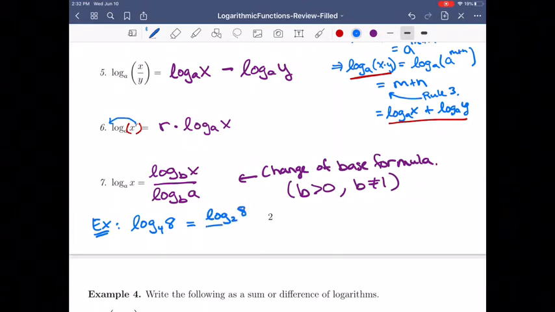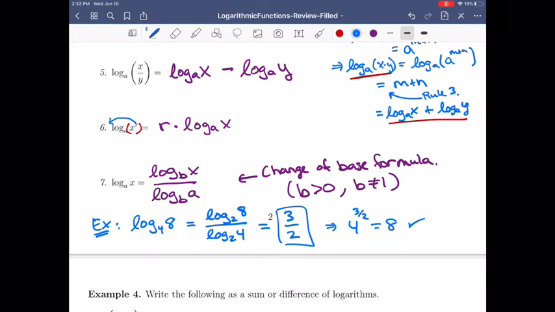So it's going to be log base 2 of 8 divided by log base 2 of 4. Now log base 2 of 8 is 3, and log base 2 of 4 is 2. So this is equal to 3 over 2. And it turns out that 4 to the power 3 over 2 is equal to 8. So in fact, 8 was a power of 4, just not an integer power of 4. So you can use that to use your calculator or to turn it into a nicer base that you know how to work with.